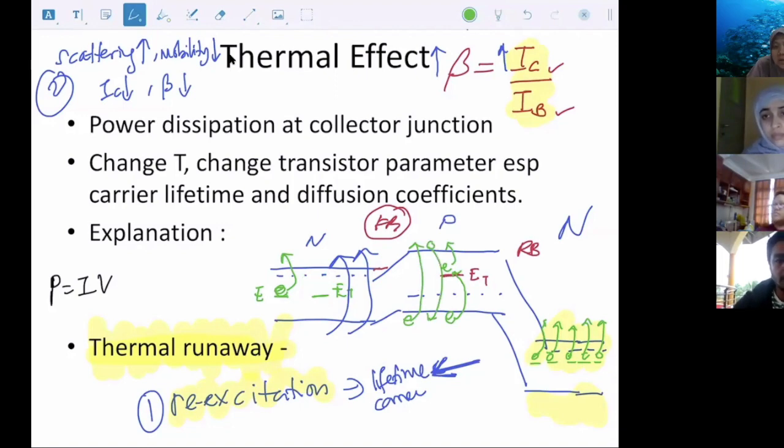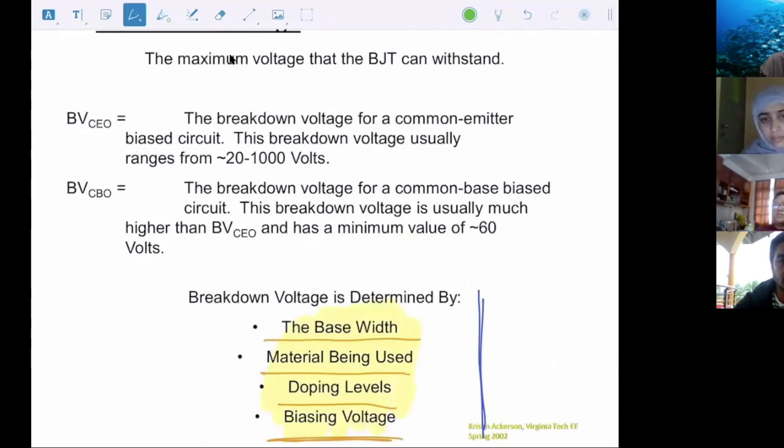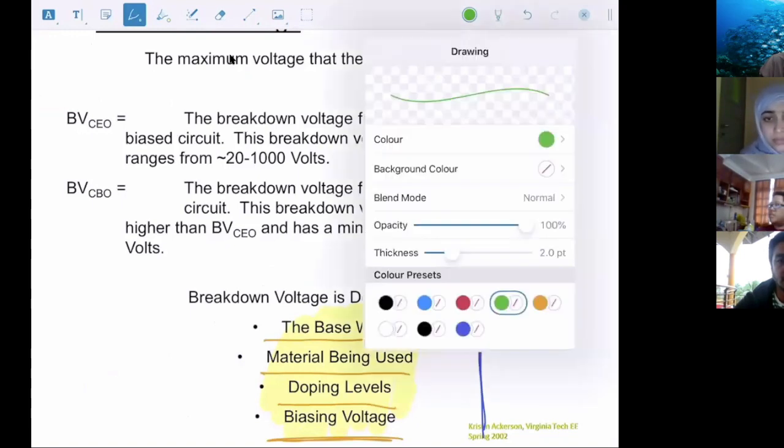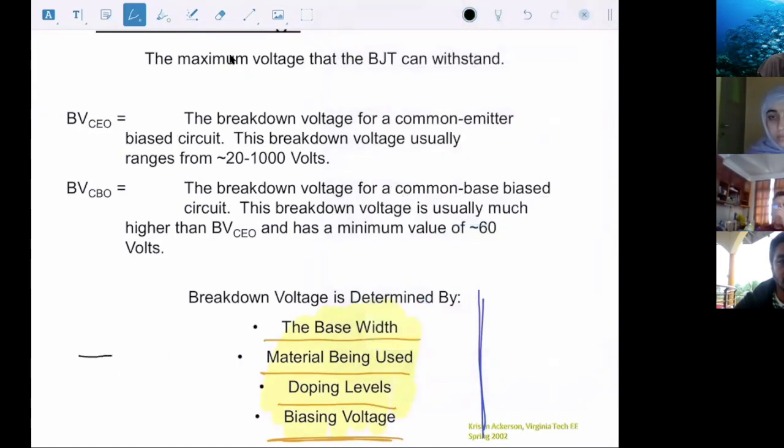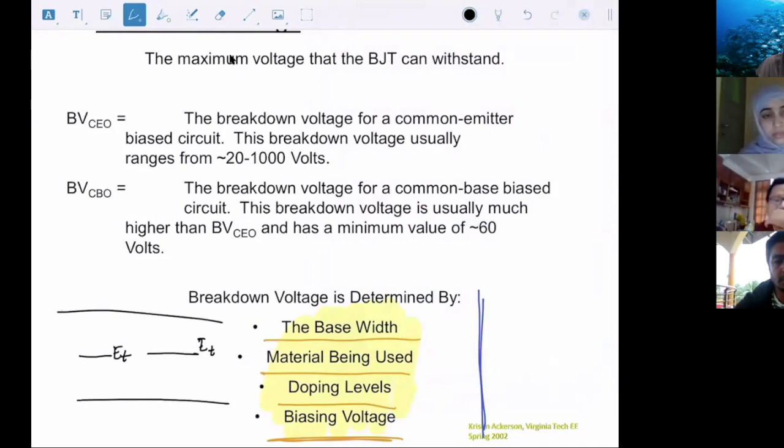Yes. However, if it's re-excitation from defects, there's a defect here, I don't have anywhere to draw, I will draw it here. This defect, there are different types of defect. As I mentioned, when you have the trap level, sometimes it's empty, sometimes it's filled.